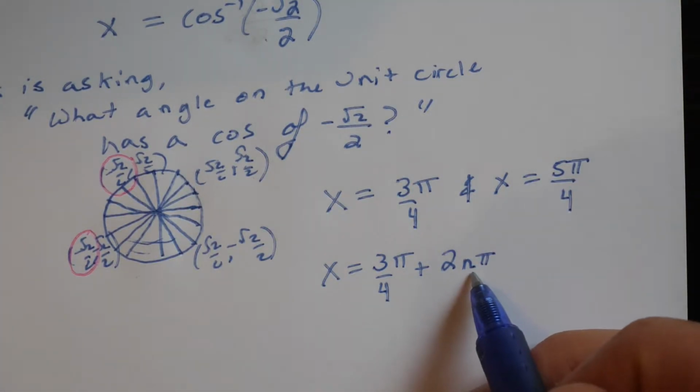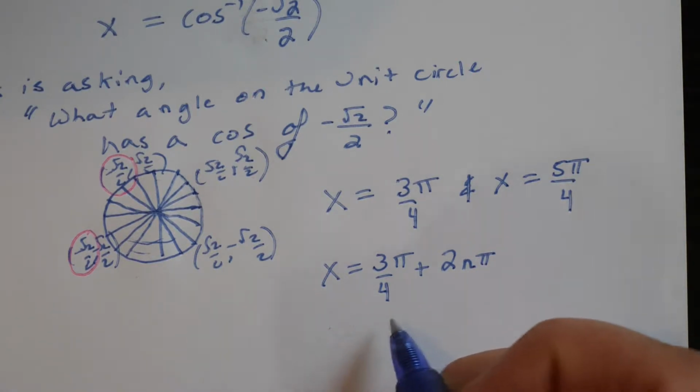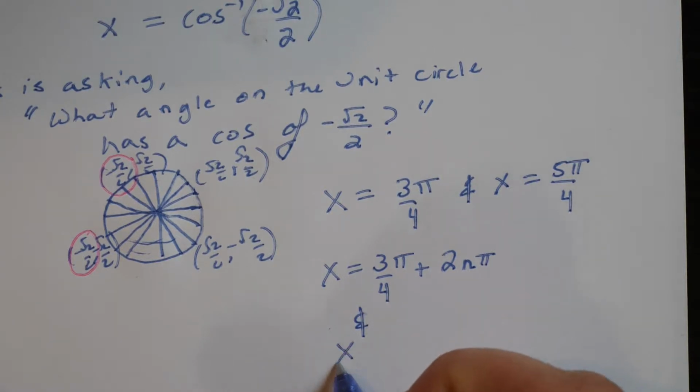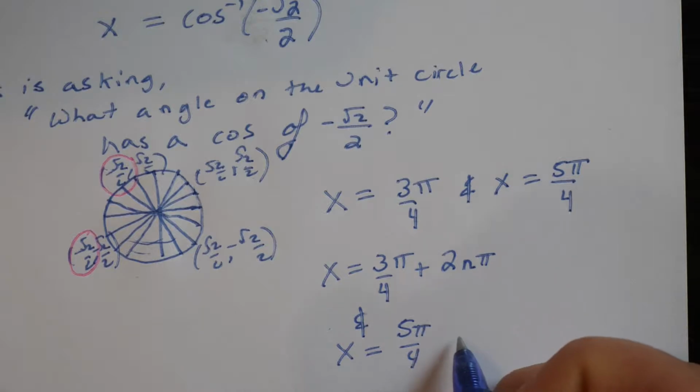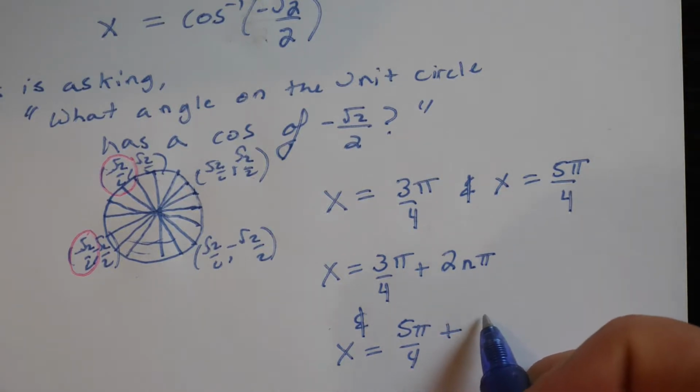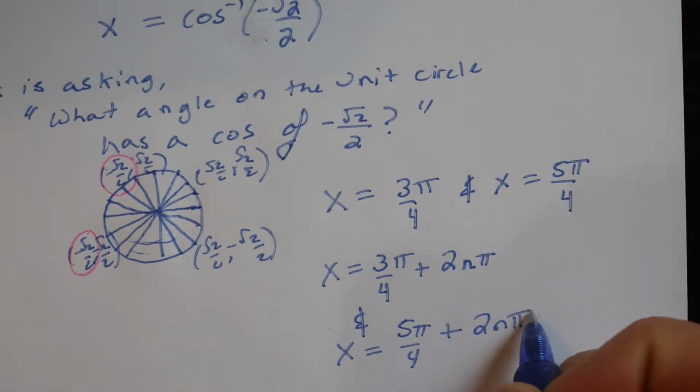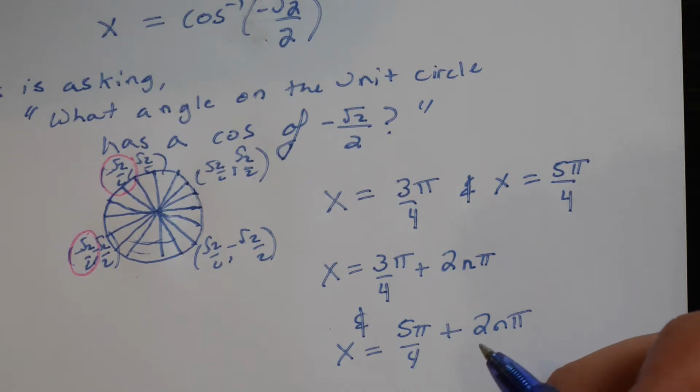Any number n. n could be 100, n could be 0, n could be 1, right? It's whatever it is. And we also have x equals 5 pi over 4 plus 2n pi.